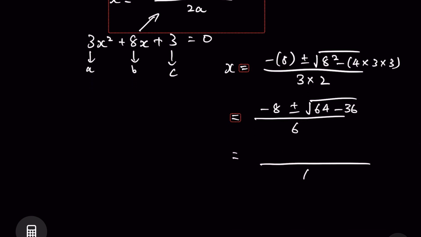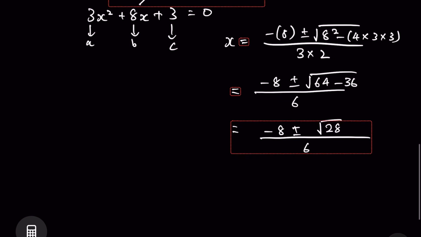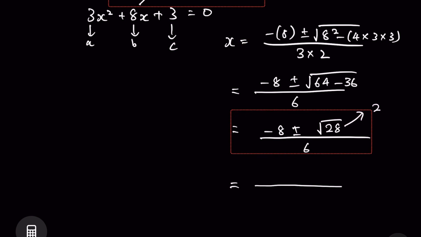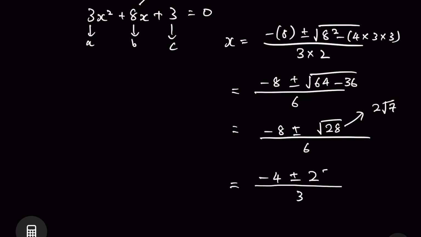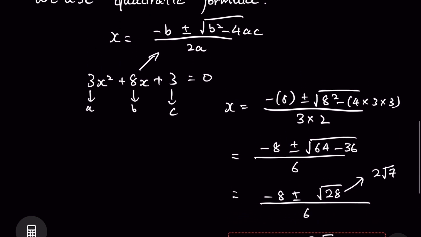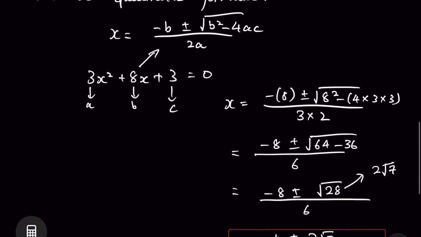Then we just simplify. So the answer should be minus 4 plus or minus, oh there's a mistake, root 7 over 3.